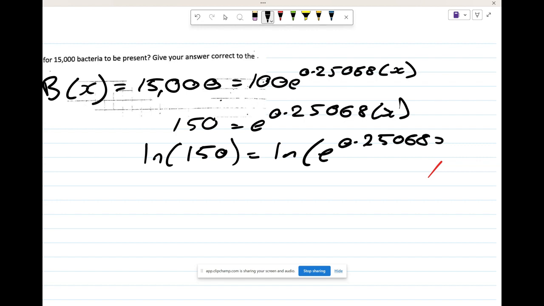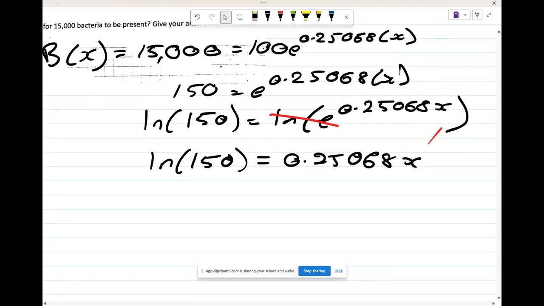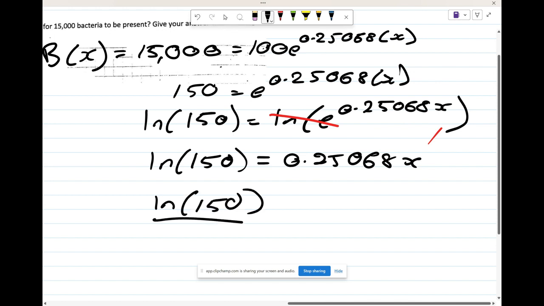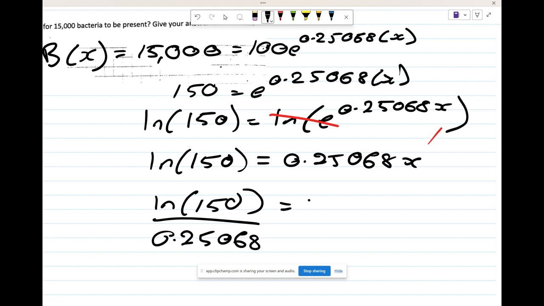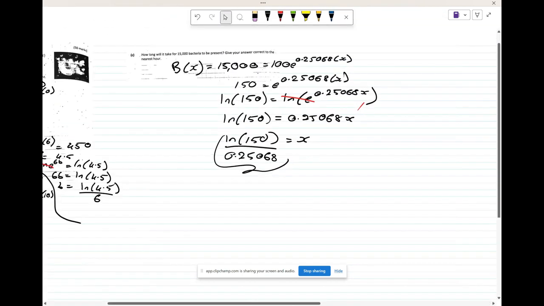This will cancel with that. So ln 150 is equal to 0.25068 x. And to find x, we just have to divide across. So x is ln 150 divided by 0.25068. And this, again, is a number we can plug into our calculator.